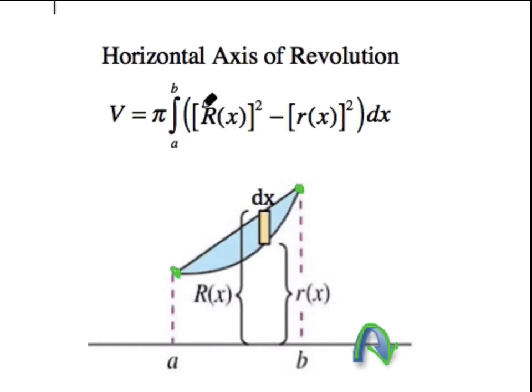Then we have capital R of x, which is this distance up to this representative rectangle, minus lowercase r of x, the distance from the axis of rotation to the bottom of this rectangle. And dx is the width of the rectangle. The biggest thing here is the radius is always in terms of x, and a and b are also x values.